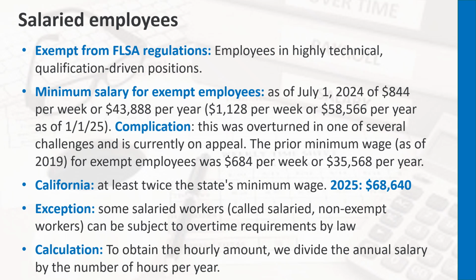The minimum salary for exempt employees was $684 per week since 2019, or $35,568 a year. That changed as of July 1st, 2024 to $844 per week, and January 1st, 2025 to $1,128 per week, with the final rule of the U.S. Department of Labor, DOL.